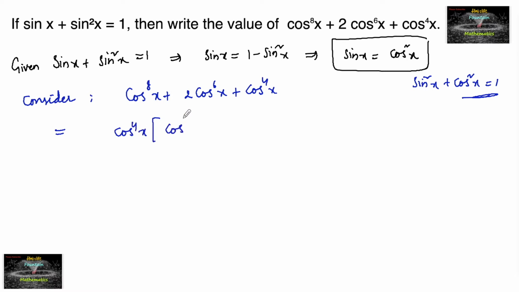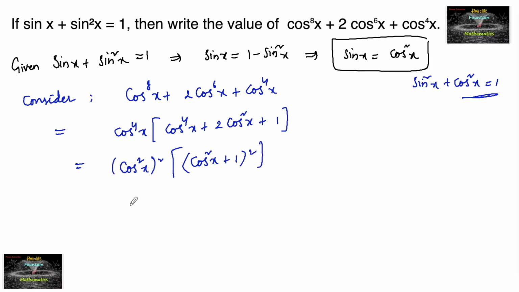so we can write cos^4 x times cos^4 x plus 2 cos square x plus 1, which equals to cos^4 x, we can write cos square x whole square, and this cos^4 x plus 2 cos square x plus 1 we can write as cos square x plus 1 whole square. So this can also be written as cos square x into 1 plus cos square x whole square.